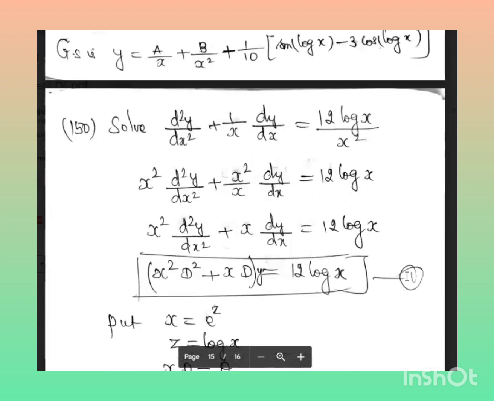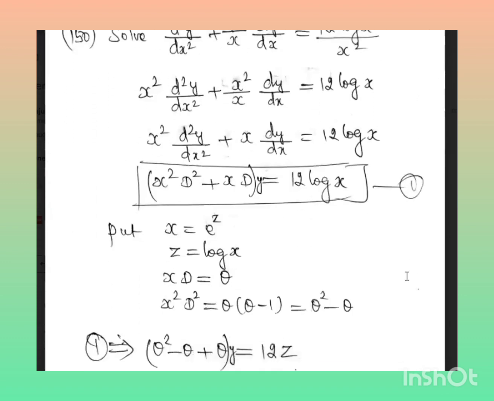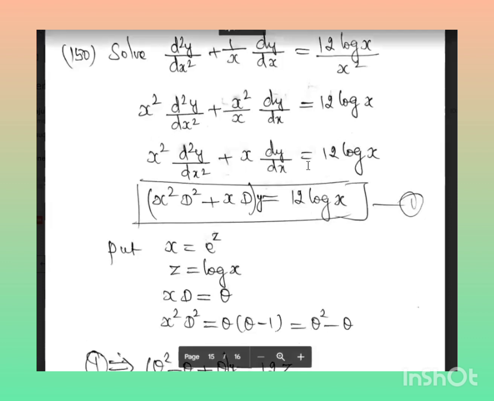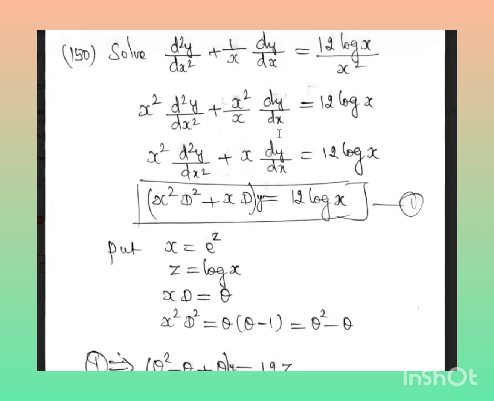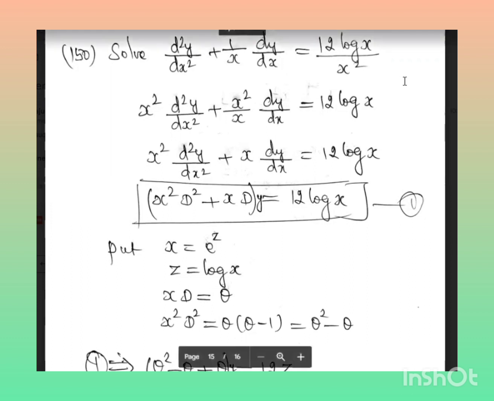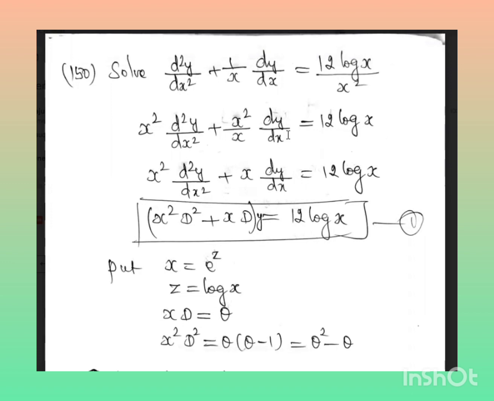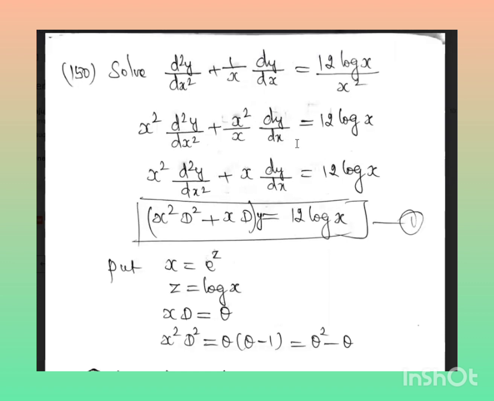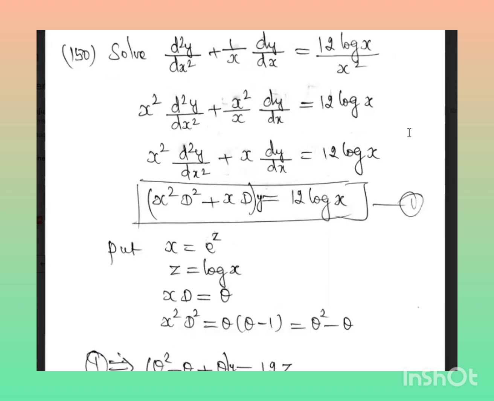One more question let us see, then you can easily understand. Solve d square y by dx square plus 1 by x dy by dx is equal to 12 log x divided by x square. So the given equation can be written, by cross multiplying, as x square d square y by dx square plus x square divided by x dy by dx is equal to 12 log x.